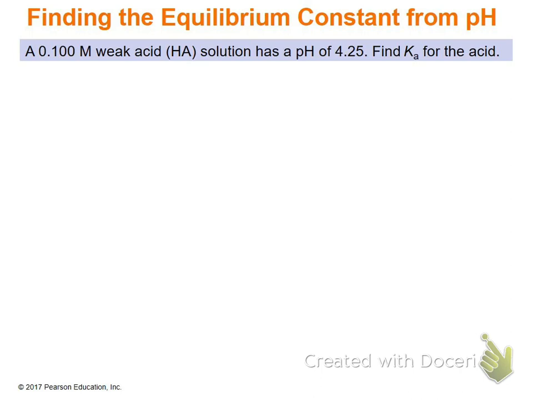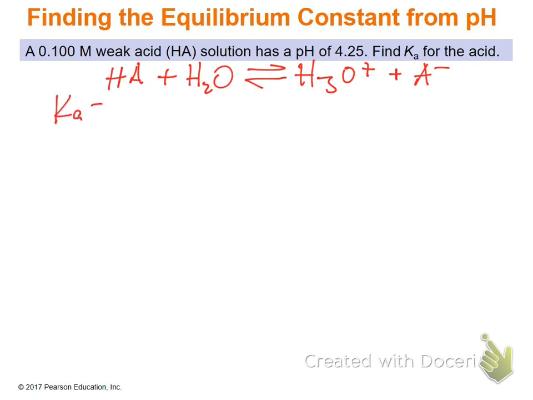The very first thing you want to do is to write the reaction equation. So for a weak acid, HA plus water, and we get H3O plus and the conjugate base. Okay, and then our Ka expression is H3O plus concentration times the conjugate base divided by HA concentration.